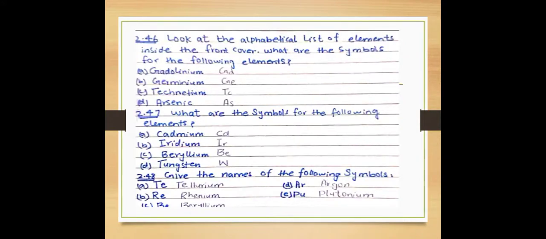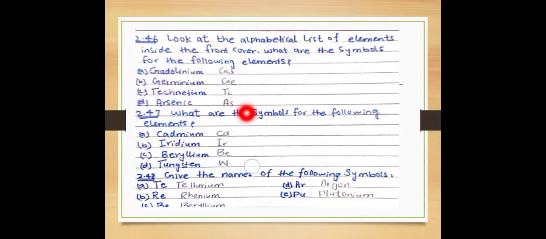Then we have to look at the alphabetical list of the elements inside the front cover. What are the symbols? In the periodic table, we have to find the symbols of these elements. Gadolinium has Gd, germanium has capital G small e, technetium has capital T small c. The first symbol must be capitalized, and the second letter following the first must be in small letter.